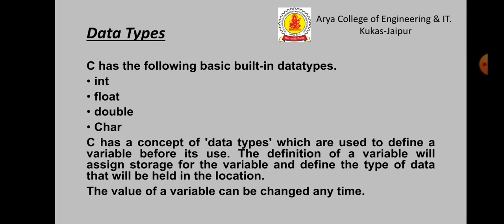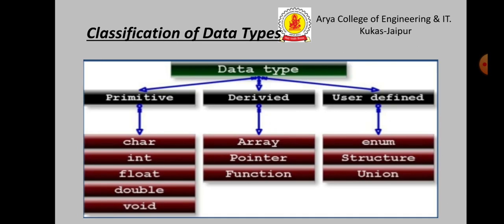The data types. 4 basic data types are there: int, float, double and char. Here are the classifications of data types. The data types are defined in 3 basic ways: primitive, derived and user defined. The primitive we have seen: char, int, float, double, void.